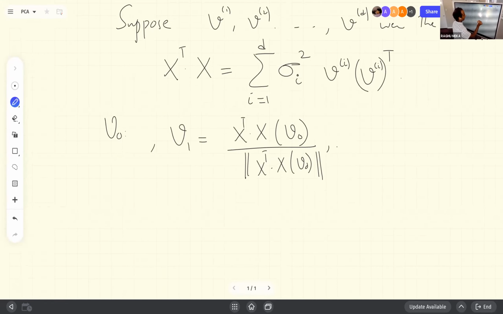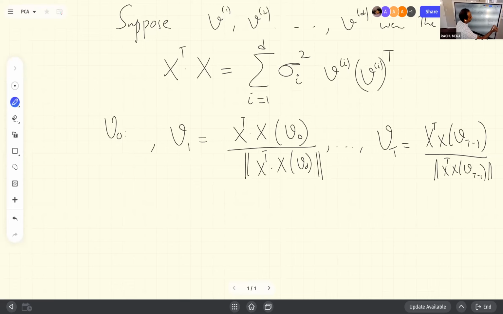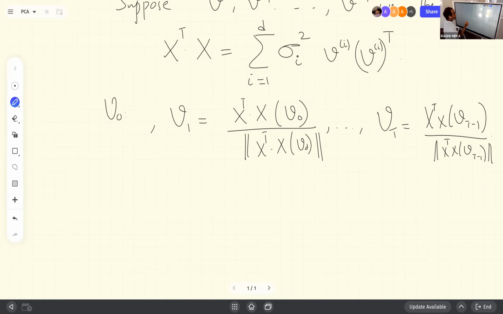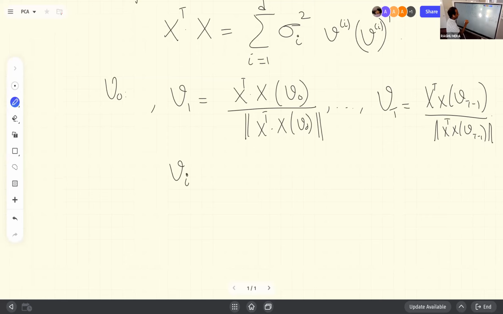And then we have something iteratively like this. Vt was X transpose X times Vt minus 1 divided by the norm. Okay, so we are dividing by the norm of the vector each time, right? But I can simplify this and still write Vt directly in terms of V0. And how can I do that? What is each iteration really in terms of the action of X transpose X and V0?